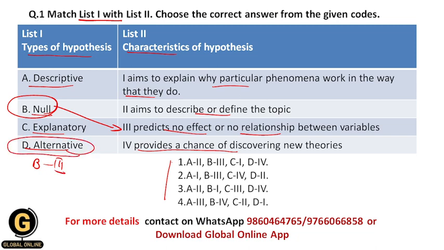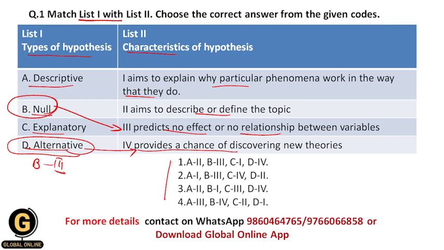The alternative hypothesis is exactly opposite to the null hypothesis, and within the alternative hypothesis we predict that there is an effect or there is a relationship between variables. That's why the alternative hypothesis provides a chance to discover new theories by predicting a relationship between variables, and that's why D will go for 4.